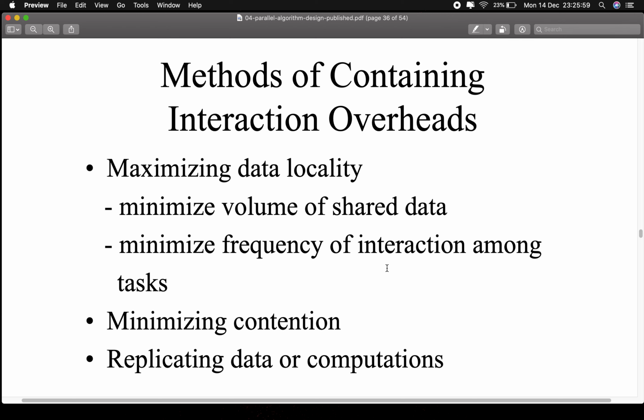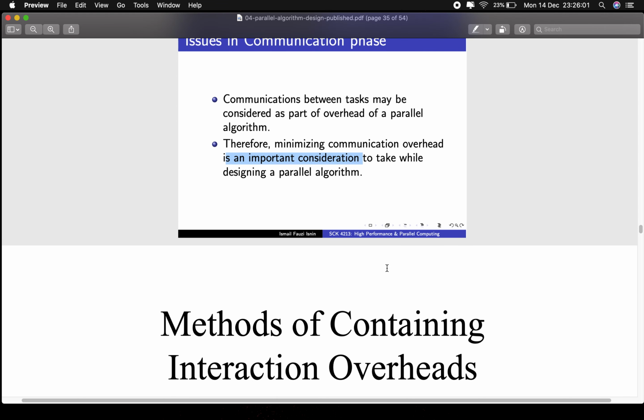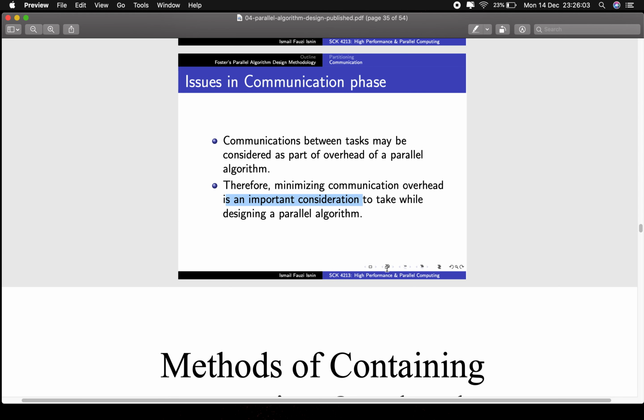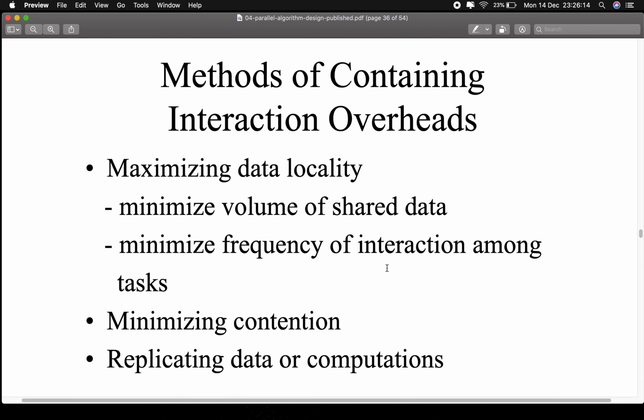So there is a method, because this is the problem. For every problem there will also be a solution. So the solution for this problem under the issues on communications is the method of minimizing interaction overhead. How are you going to do it? By maximizing data locality. And how are you going to maximize it?